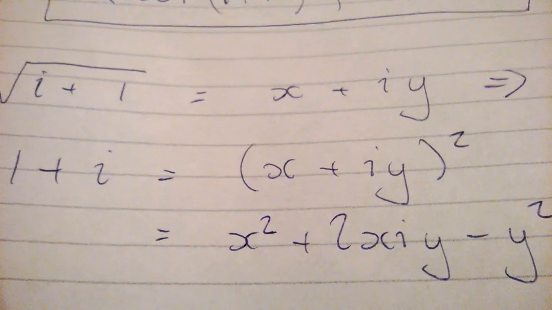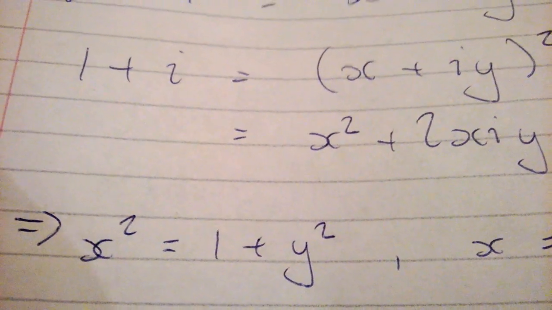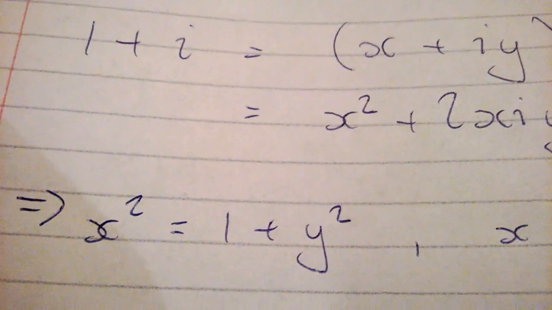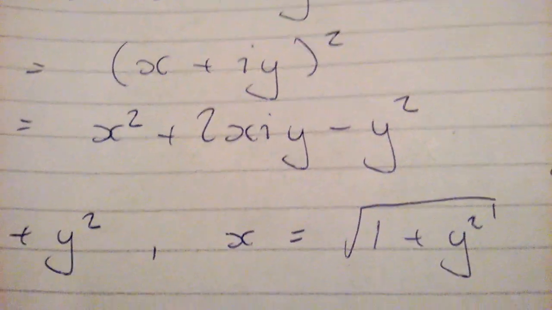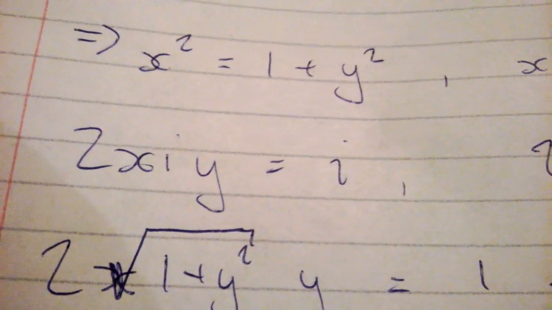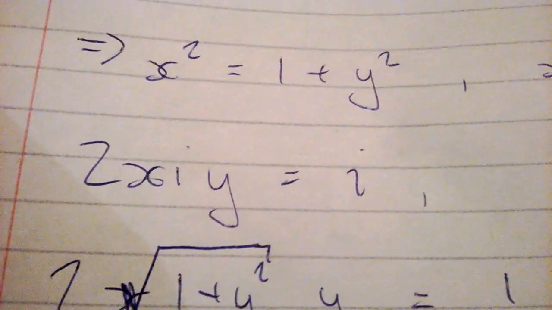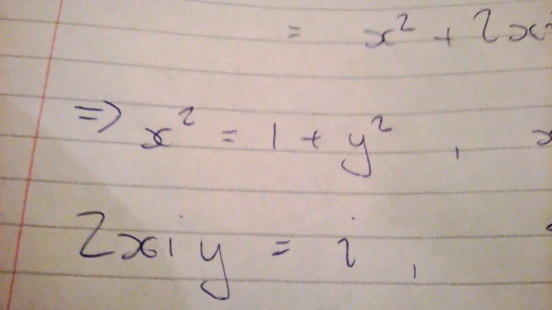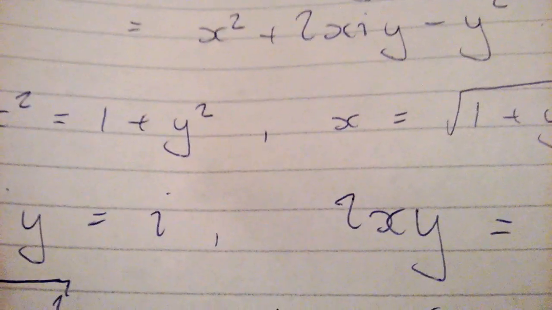If you add y squared to both sides, 1 plus y squared equals x squared, so x is the square root of 1 plus y squared. Then if we match up the imaginary sides, i equals 2xiy. Dividing both sides by i, you get 2xy equals 1.